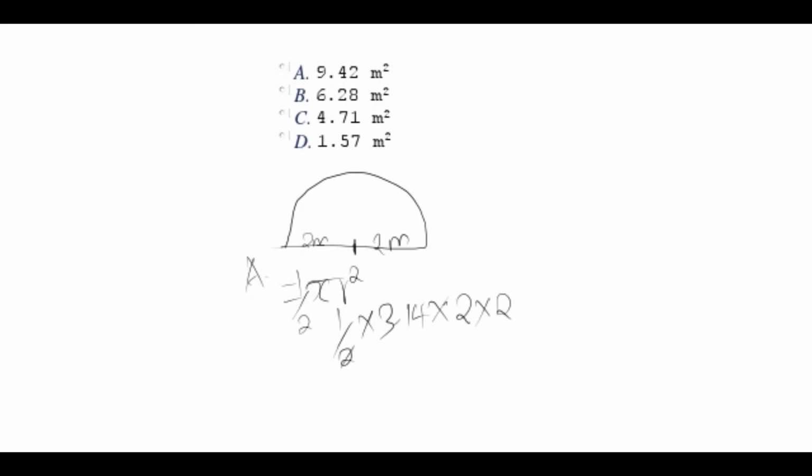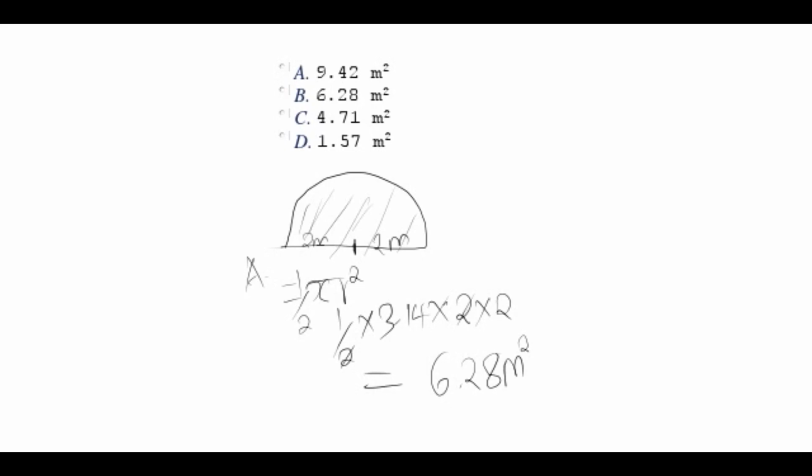So these 2 and these 2 cancel, and we remain with 3.14 times 2. 2 times 4 is 8, 2 times 1 is 2, 2 times 3 is 6. So we have 6.28 meters squared as the area of the whole semicircle.